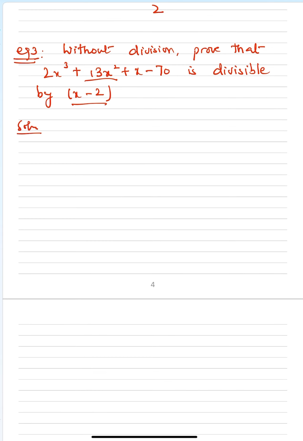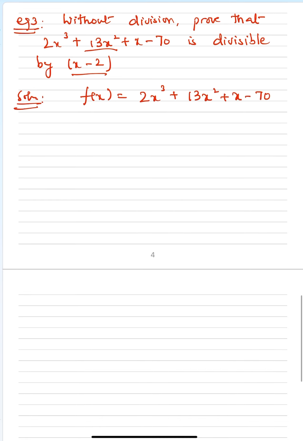So let us start with the solution. Let me write f of x is equal to 2x cube plus 13x square plus x minus 70. Now here the divisor is x minus 2.